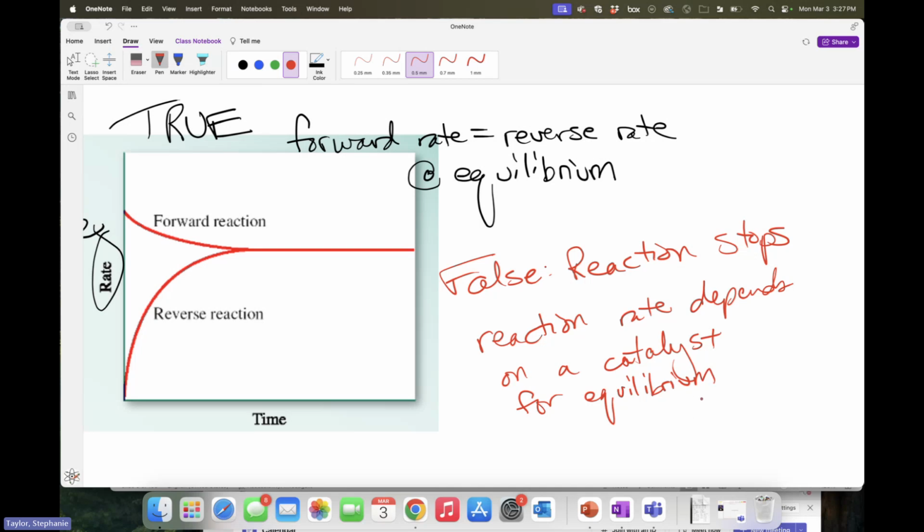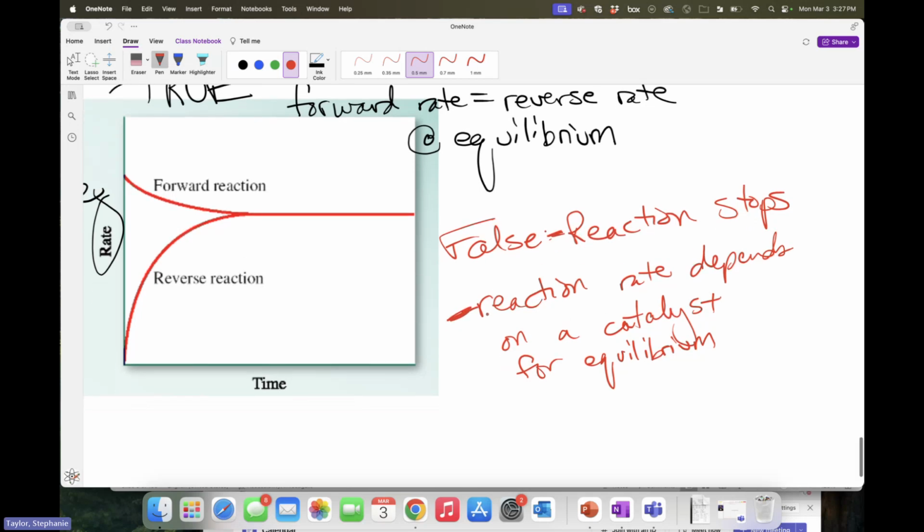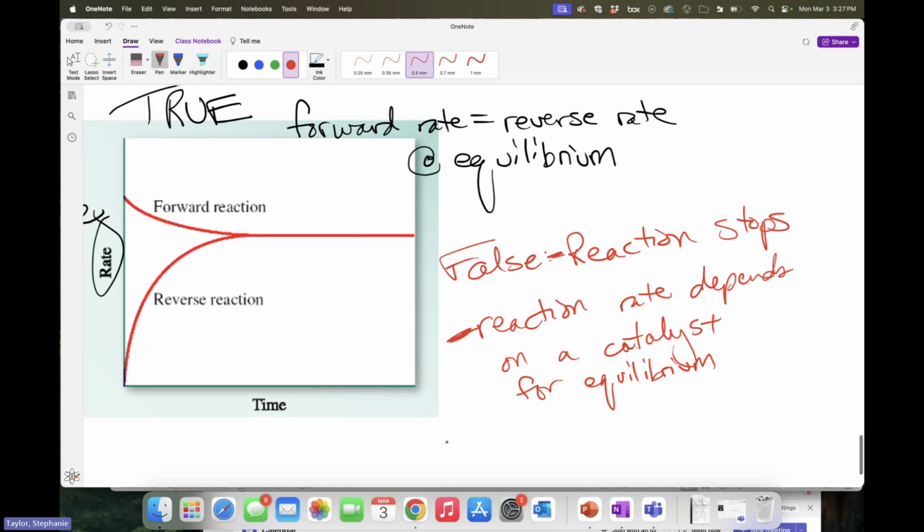We care about catalysts for reaction rates, but we don't care about catalysts in equilibrium. So the reaction rate does depend on the presence of a catalyst, but equilibrium won't change with the presence of a catalyst.